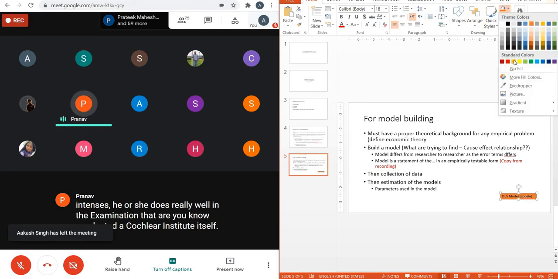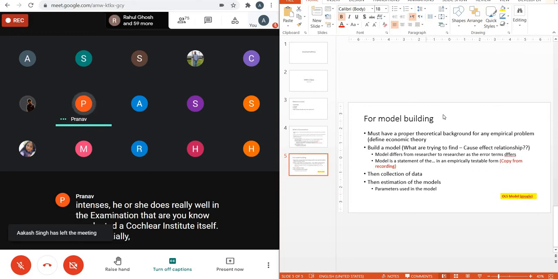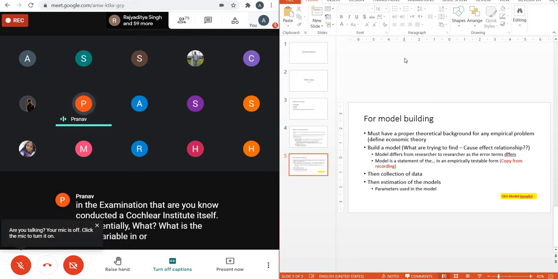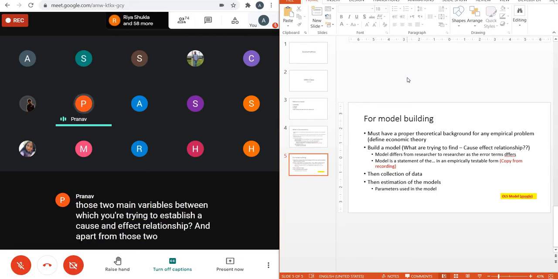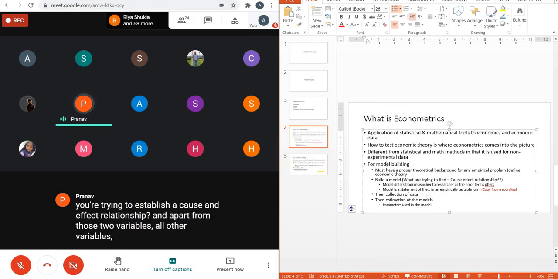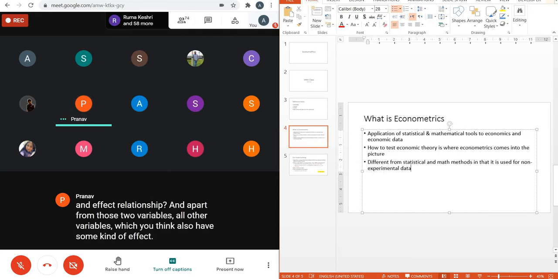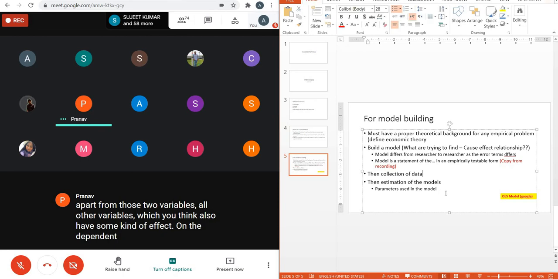So essentially, what are those two main variables between which you are trying to establish a cause and effect relationship? And apart from those two variables, all other variables which you think also have some kind of effect on the dependent variable, they are called control variables.